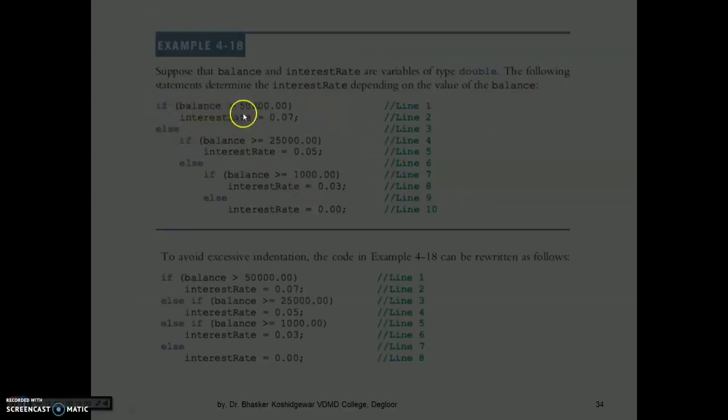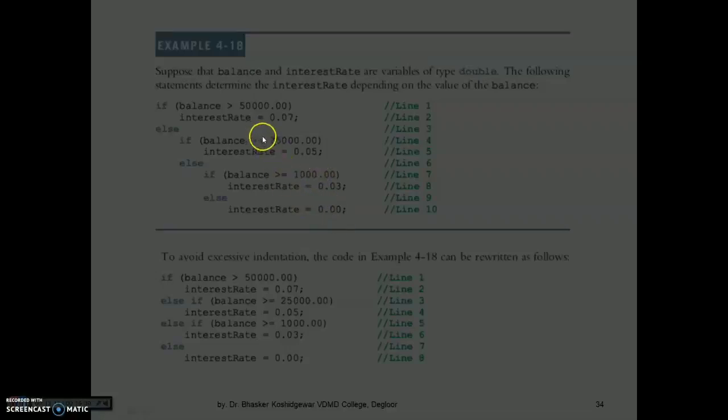If balance is greater than 50,000, interest rate equals 0.07. Else, if balance is greater than 25,000, interest rate equals 0.05. Else, if balance is greater than 1,000, interest rate equals 0.03. Else, interest rate equals 0.00, meaning less than 1,000, there is no interest.